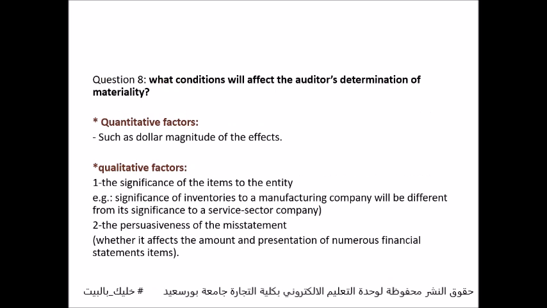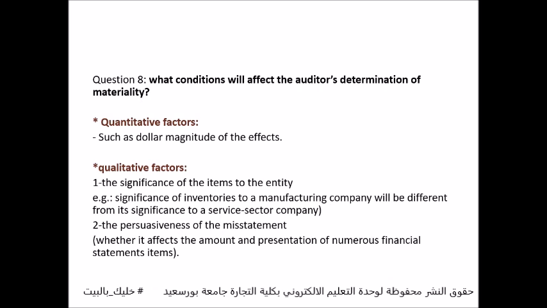Question number 8. What conditions will affect the auditor's determination of materiality? Number 1, quantitative factors, such as dollar magnitude of the effects. Number 2, qualitative factors. Number 1, the significance of the items to the entity.